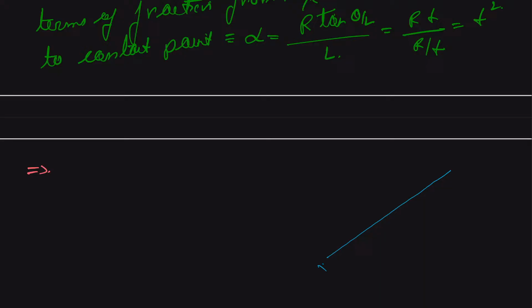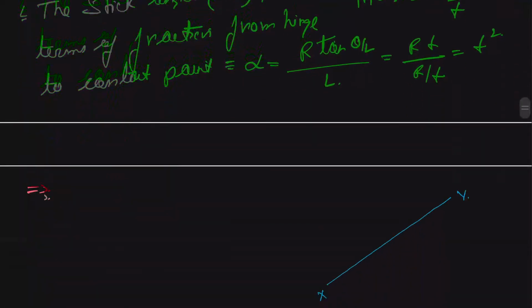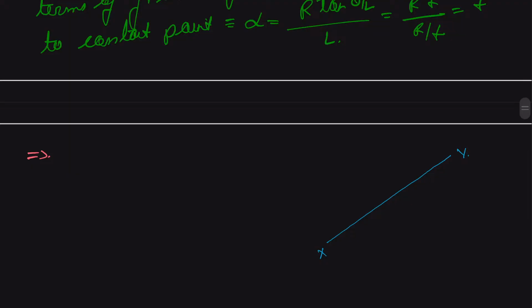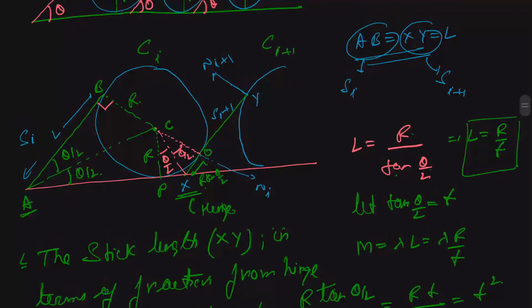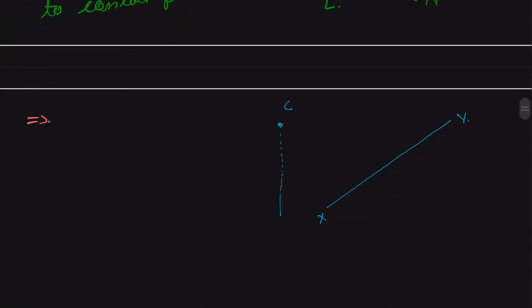So this is our X and Y, and suppose this is our center C, and there will be a normal. It doesn't look like a normal, so let me draw. This is stick XY.